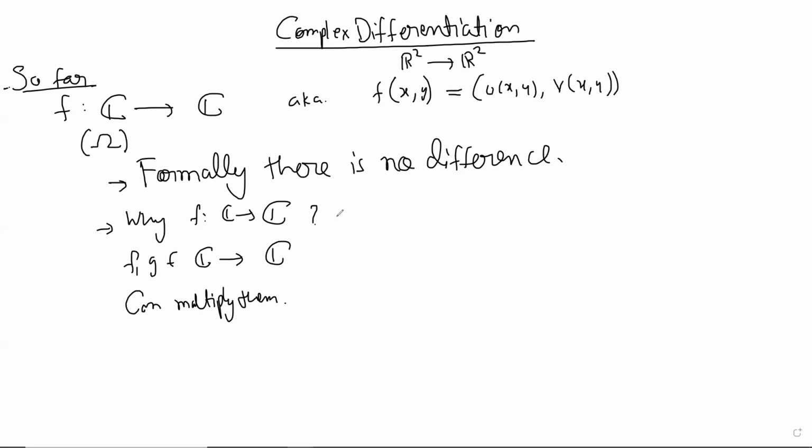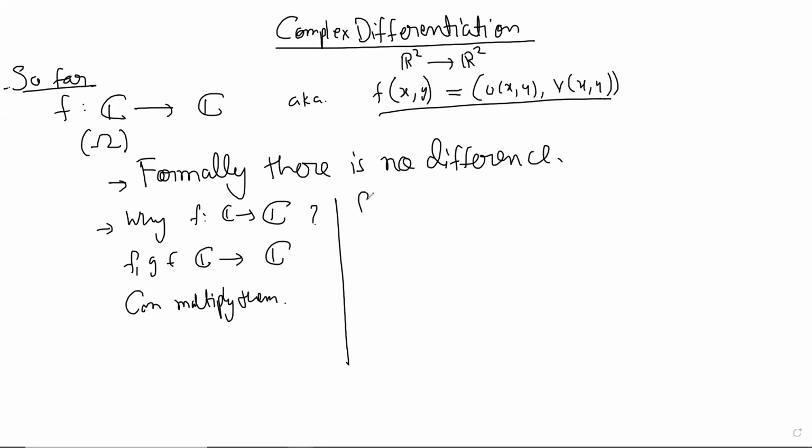But more than that, the real reason would be, in my opinion, that if you can view a function from R2 to R2 as a natural function from C to C, meaning that you view the input as coming from a complex number, and something happening to that complex number as a whole, and the output coming out, then it's like a special function.